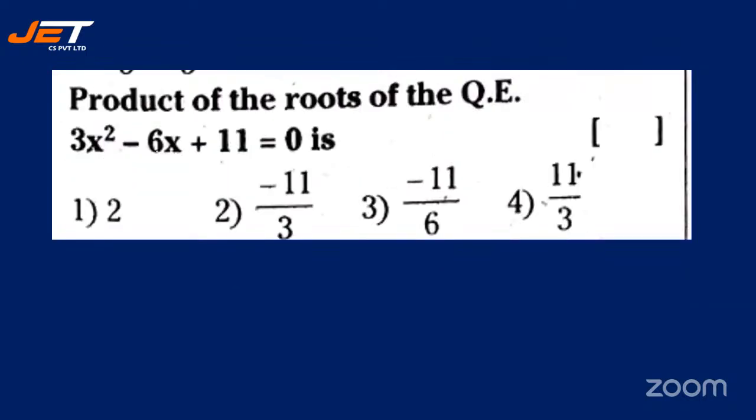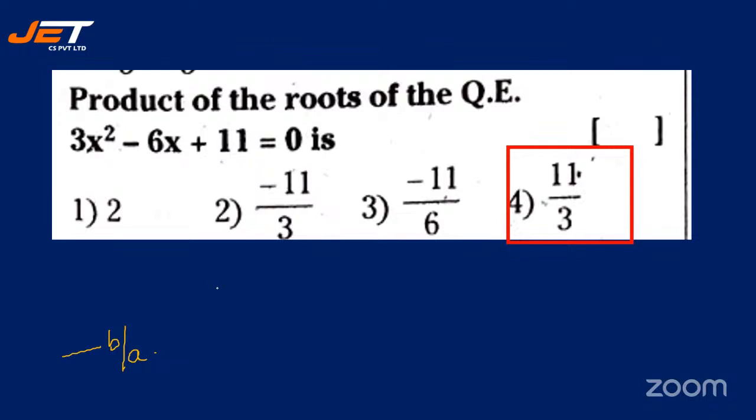See the next question. Product of the roots of the quadratic equation 3x square minus 6x plus 11 is equal to 0. What would be the answer? So the sum is minus b by a. Right? So what happens?